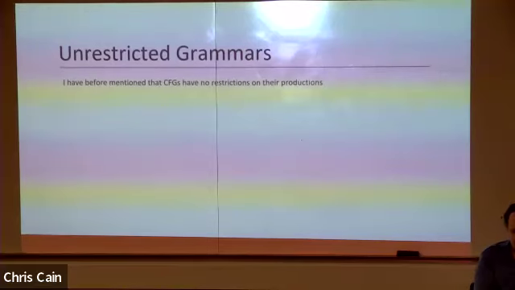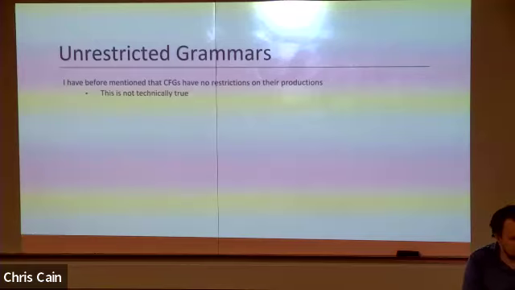In the context-free grammar rule, I stated that there were no restrictions on their productions, but that wasn't quite true. There was one big restriction that we put on those grammars, and that was the left-hand side of the grammar production had to be a single non-terminal, right? Does that make sense?